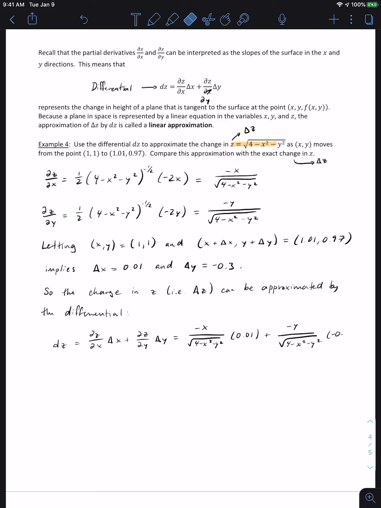Oops, that should be 0.03, shouldn't it?